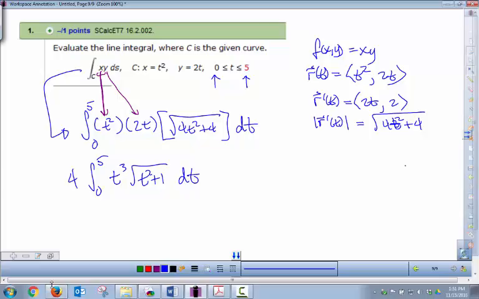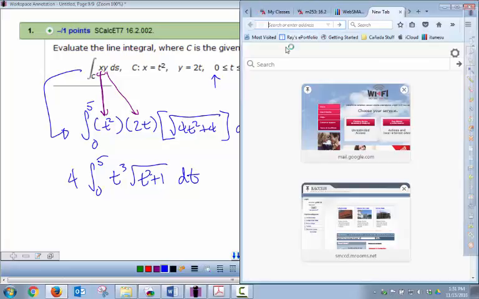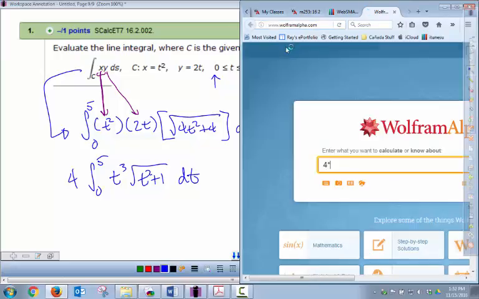And let's see if I can quickly do a Wolfram. Integral of t cubed times the square root of t squared plus 1, t goes from 0 to 5.